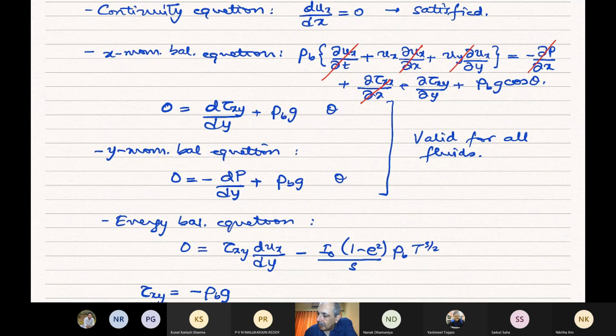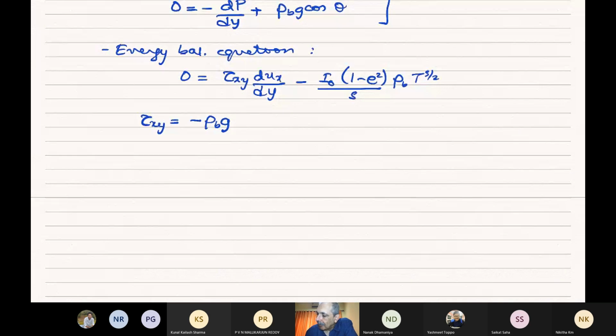This should be sine of theta, and this is cos of theta. Sorry. So both are increasing linearly, both are 0 at the free surface. And again, these are valid for any kind of fluid.